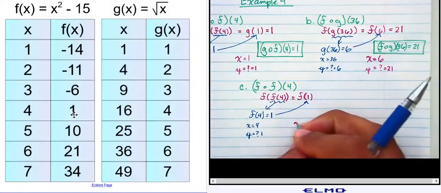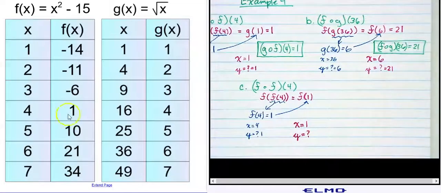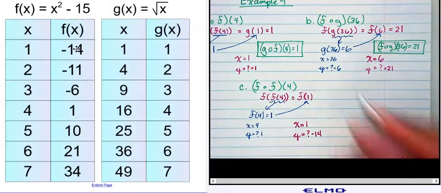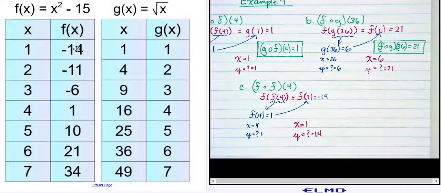All right, so when x equals 1, what is your y value? So this is for f of x again. For 1, we get negative 14. Okay, so the whole thing equals negative 14. And we just write it out in green, sorry.